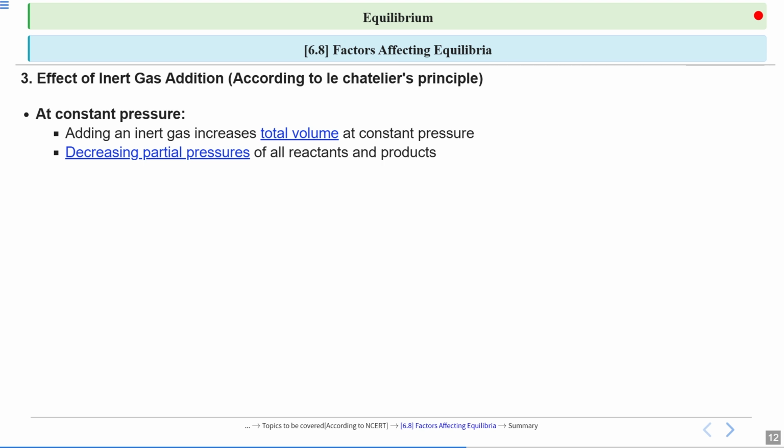As a result, the previous reactants and products will have the same partial pressure. You can think about it as the vessel being expanded in such a way that the pressure applied by each and every reactant and product individually remains the same. Okay, as a result, there is a decrease in partial pressure.